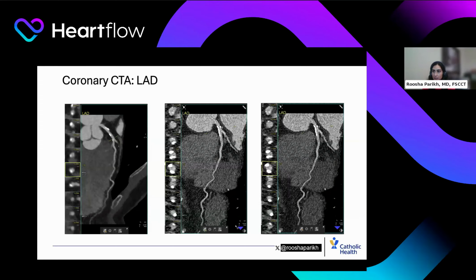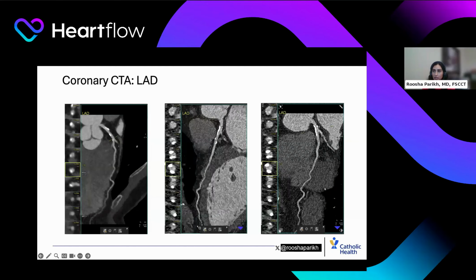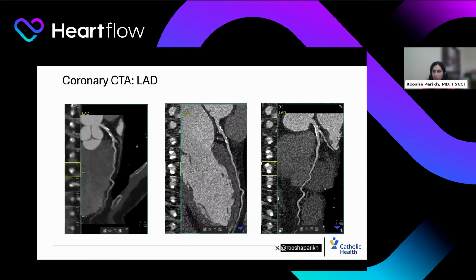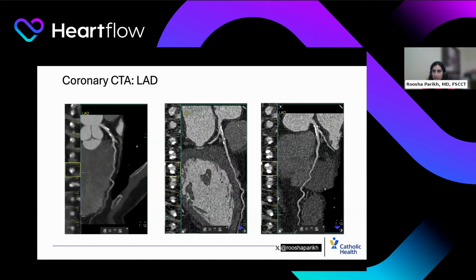You have that proximal LAD calcification. Let me get this video to play. But on the cross sections here, just looking at these curved planar reformats at different angles, you can see that calcification. Scrolling from top to bottom on the cross sections, you can see that there's moderate stenosis in that proximal LAD.